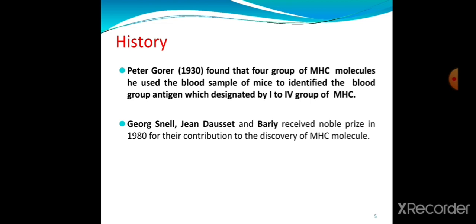He used blood samples of mice to identify blood group antigens, designated first to fourth group of MHC. George Snell, Jean Dausset and Benacerraf received a Nobel Prize in 1980 for their contribution to the discovery of MHC molecules.